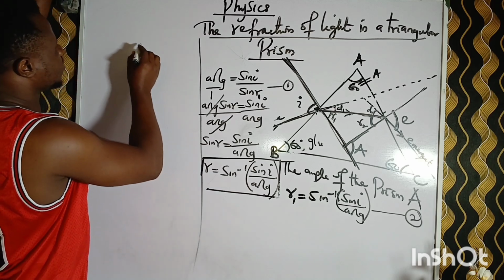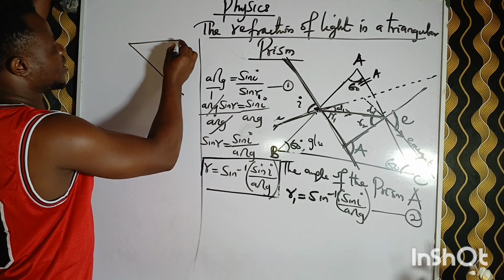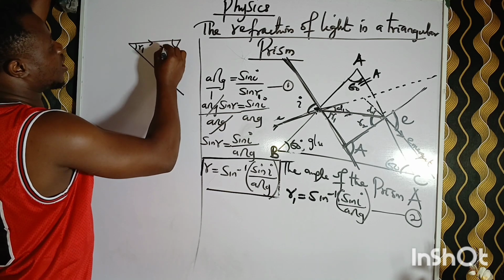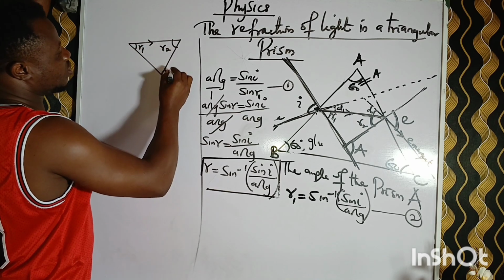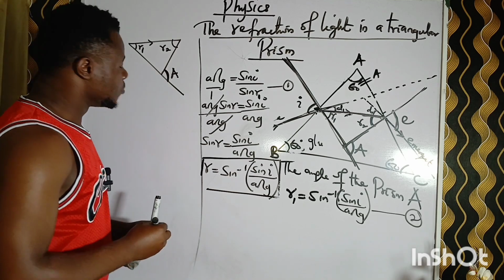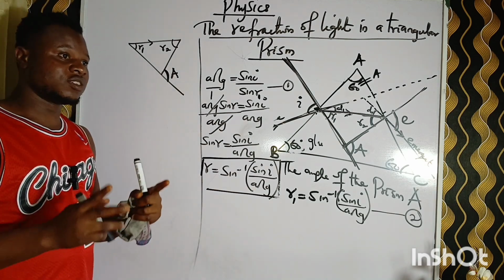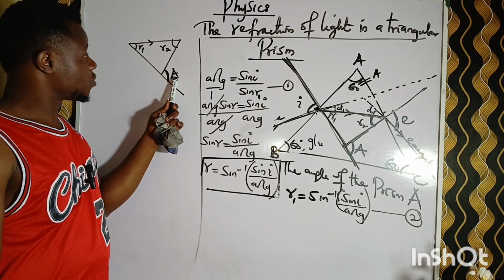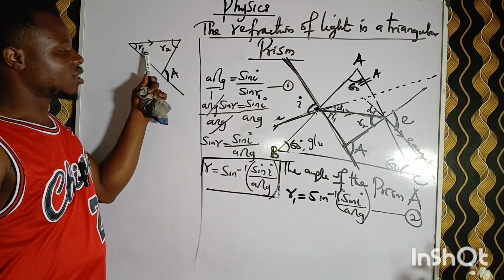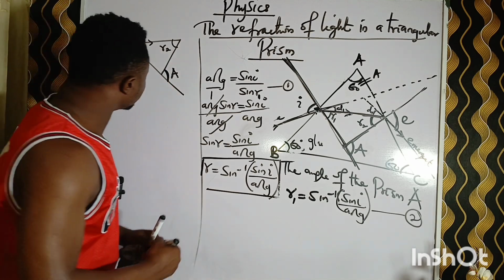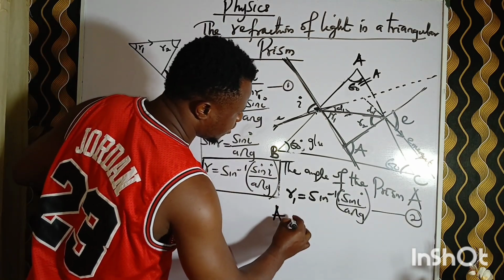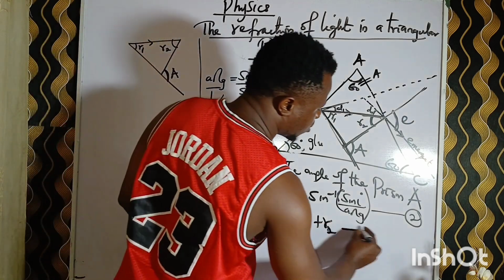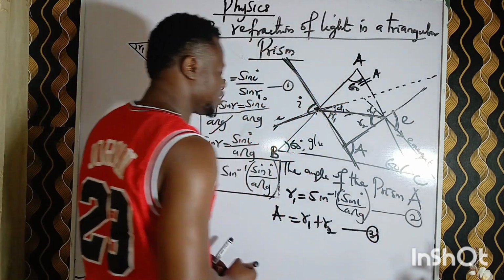Here is represented as R1, here is R2, and here is A. Remember we said, according to one of the properties of a triangle, that one exterior angle is equal to the sum of the two opposite interior angles. So meaning that A we have there is equal to R1 plus R2. This becomes formula number 3, a very important formula.